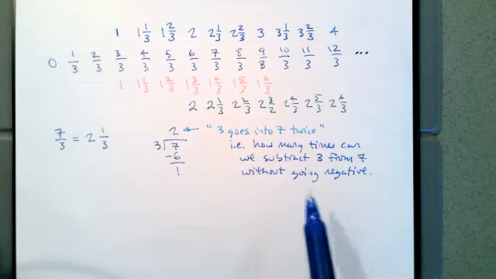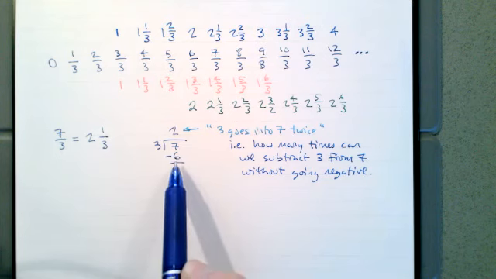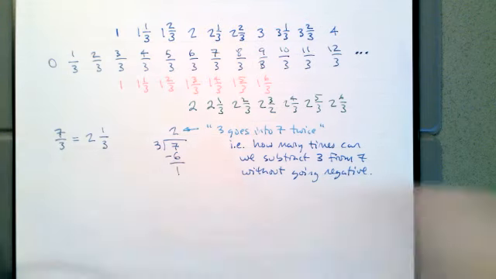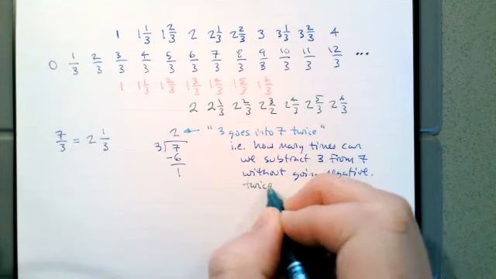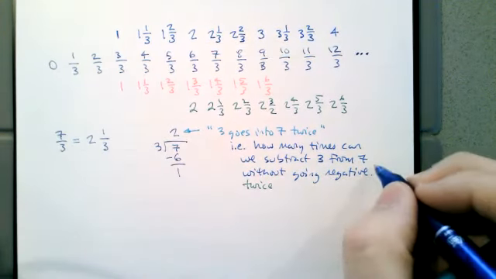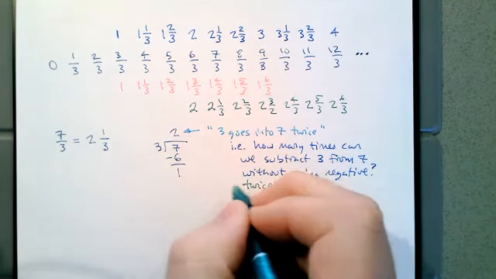So this says, how many times can we subtract 3 from 7 without going negative? And that's 2 times. So this minus 6 is literally subtracting 3 from 7 twice. That's what that negative 6 is about. So when I ask the question, how many times can I subtract 3 from 7 without going negative, I come up with the answer twice. And here we are.